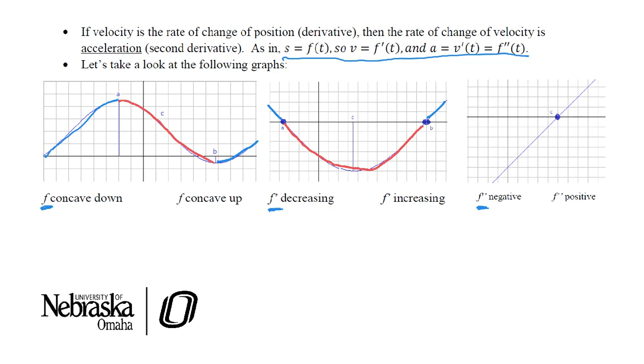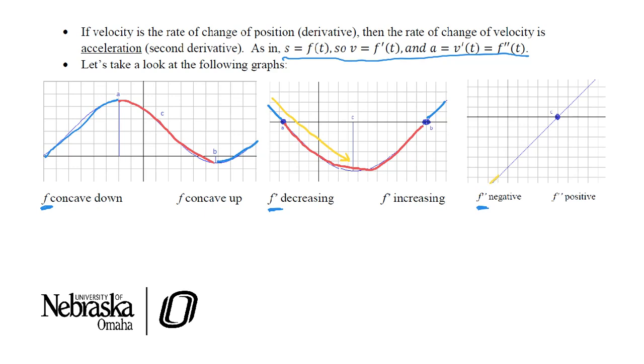Now, if we're looking at our first derivative, the middle value where we have a relative minimum, we can see our slope of this function is negative until C, right? So our change in velocity is decreasing, I should say.